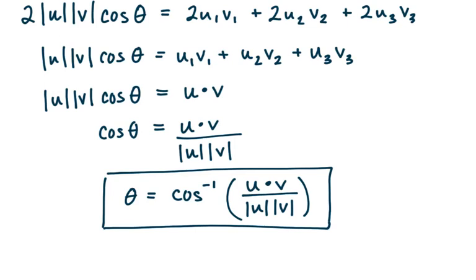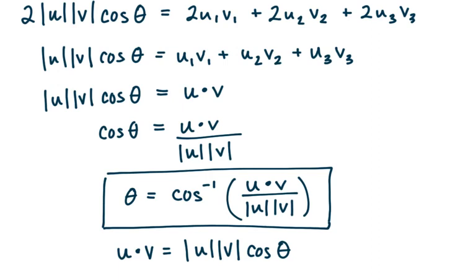And if we want, we can also say that the dot product U dot V is equal to the magnitude of U times the magnitude of V times cosine theta. This is what we had up on this line. So that sometimes is useful as well.